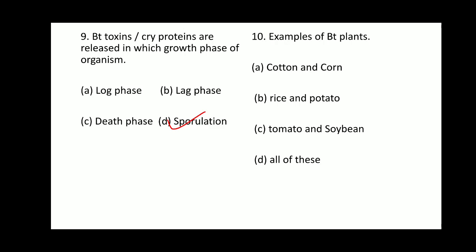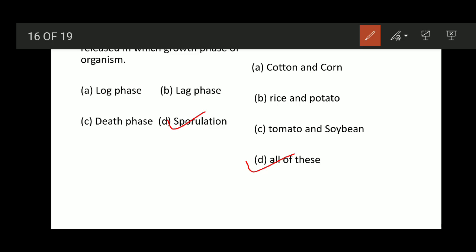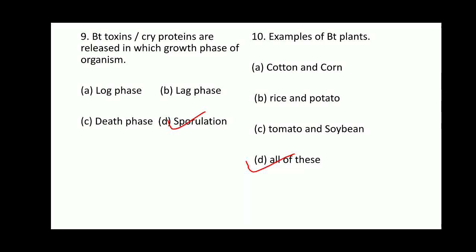The examples of Bt plants, where the Bt toxin genes are introduced to produce insect resistant plants, include Bt cotton, Bt corn, rice, potato, tomato and soybean. So option D, all of these, is the right answer for question number 10. Dear students, now moving on to the next question.